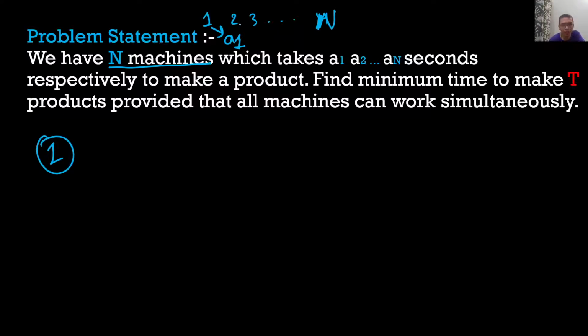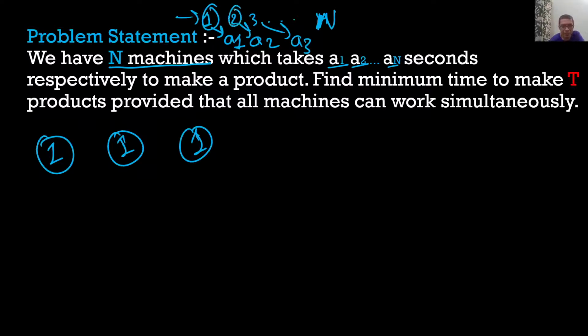The second machine will take a2 seconds to make one product. And the third machine will take a3 seconds to make one product. So all these a1, a2, a3 and so on are simply the time taken by a machine to make a single product.